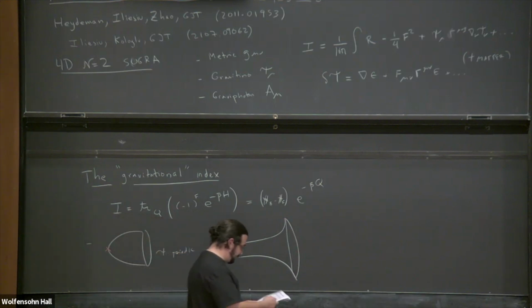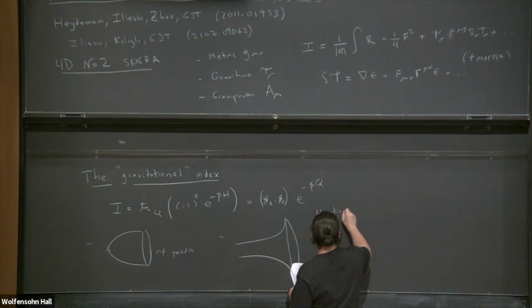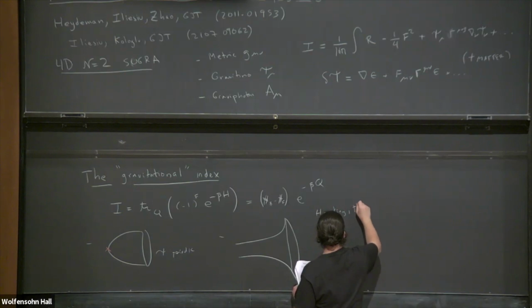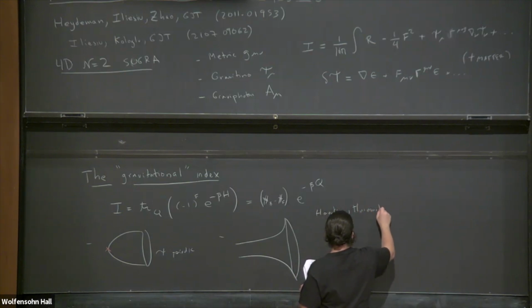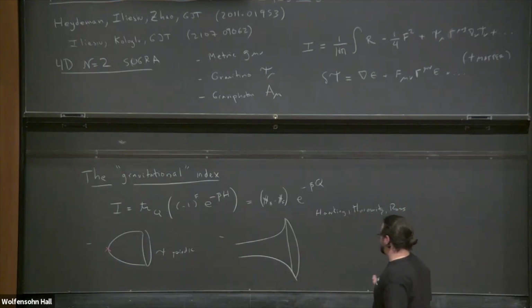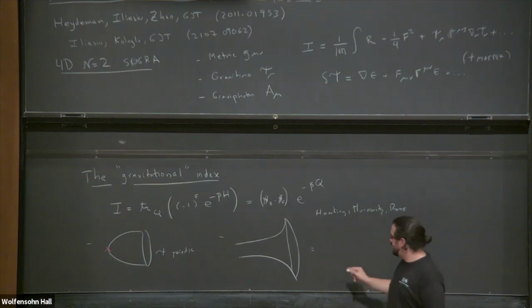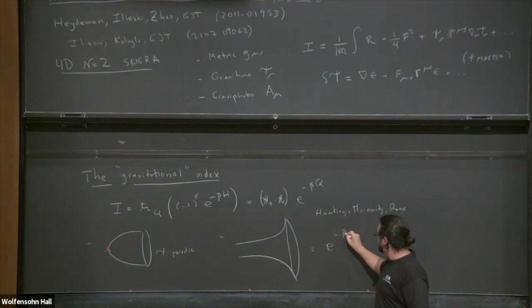And this was considered in a paper by Horowitz and Ross in the 90s. And this is a perfectly fine contribution, but the problem is that if one does the calculation of the contribution, one gets only minus e to the minus beta q.